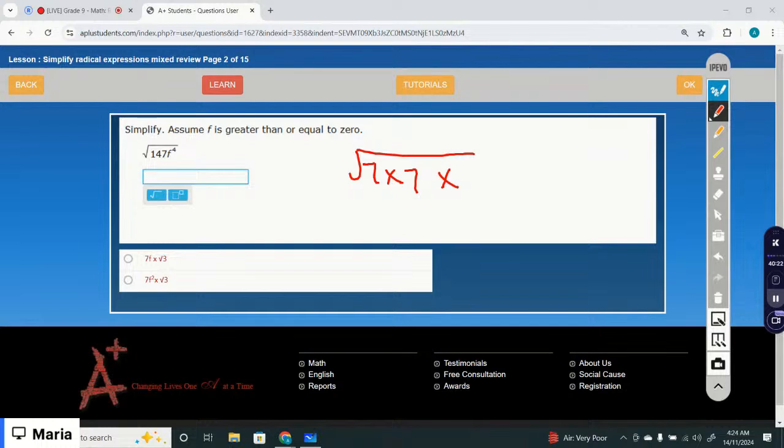So you can write it as 7 square times 3, and you have f to the fourth, so f square squared, and then square root 3. The square and square root cancel out. You're left with 7 f square and square root 3. Got it? So option number 2 is the correct option.